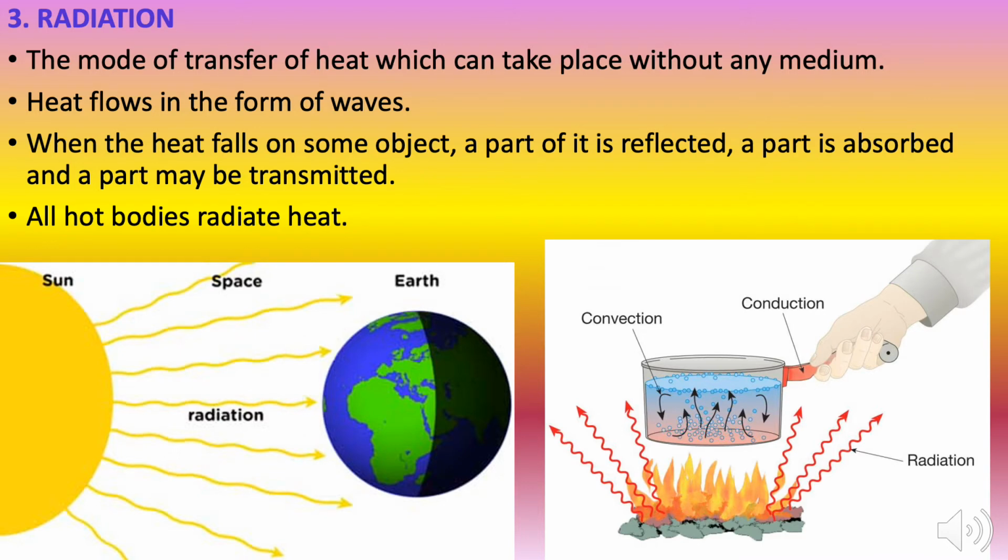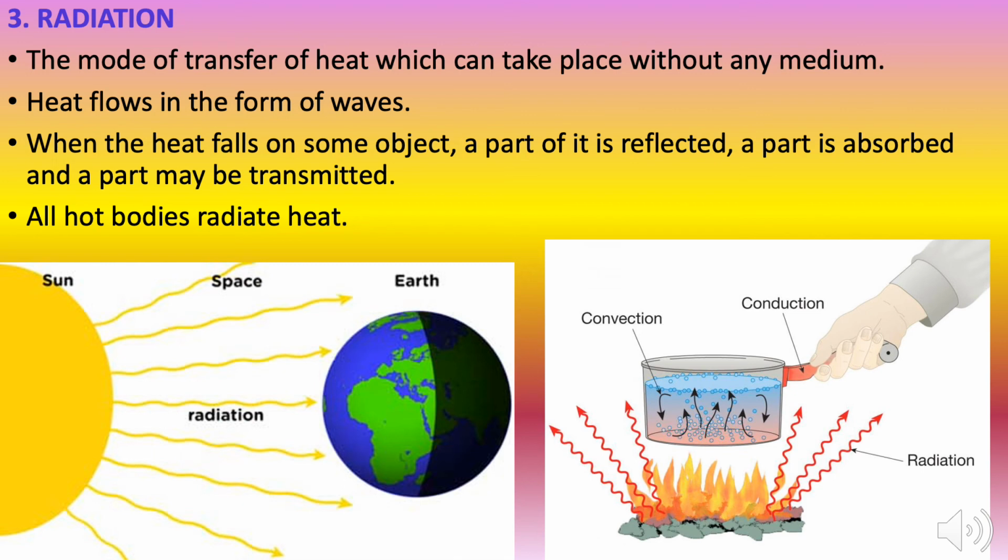Now students, coming to the next process of heat transfer, that is radiation. We feel the warmth of the sun when we are outside. Why? Because we get energy from the sun in the form of heat. Have you ever wondered how this heat energy from the sun reaches us?